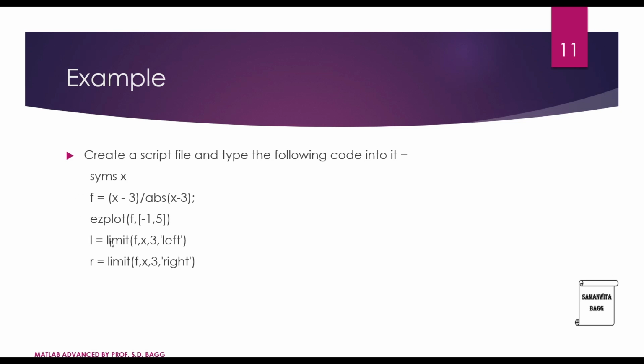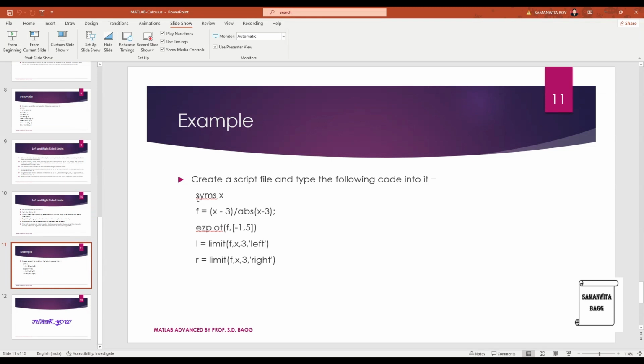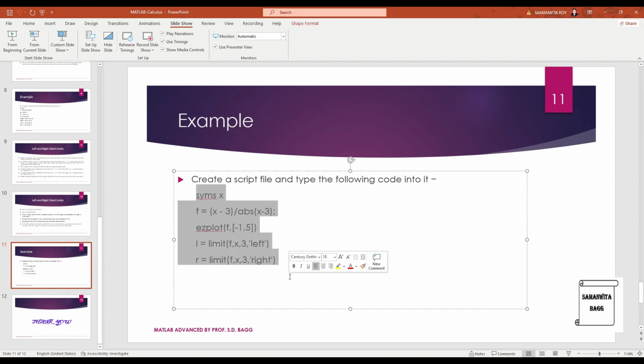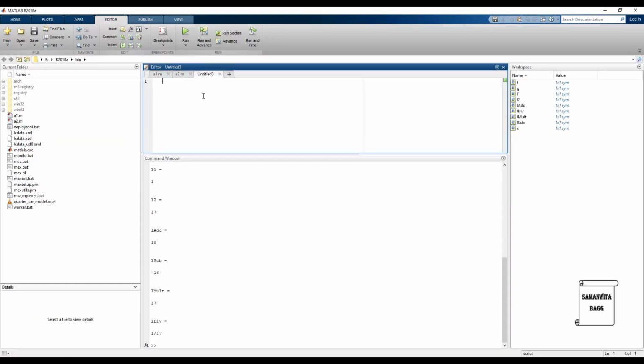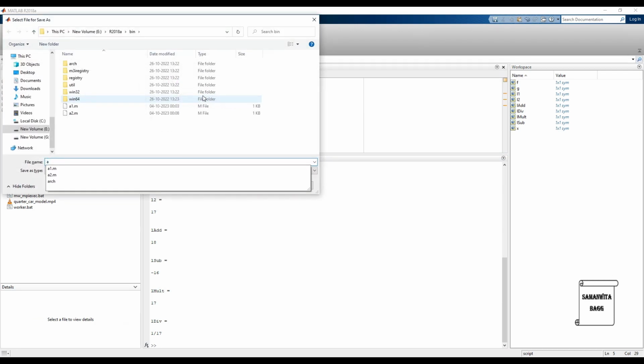L is equal to limit f comma x comma 3, which means x is tending to 3 from the left. R is the limit for the function with x tending to 3 from the right. So let's plot this in MATLAB and also calculate the value. When you run it, you will first get the graph and then you will see the value obtained. I'll save this as A3.